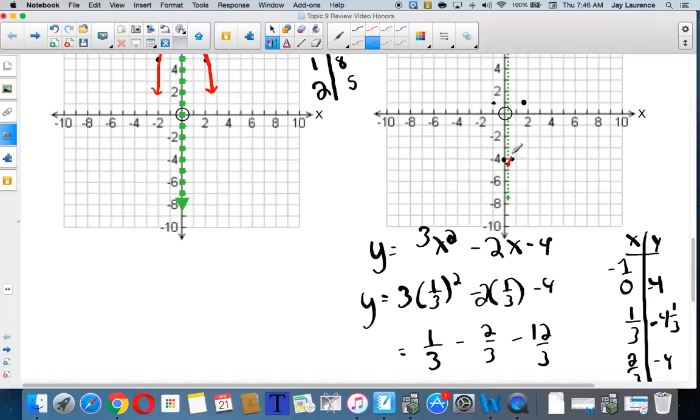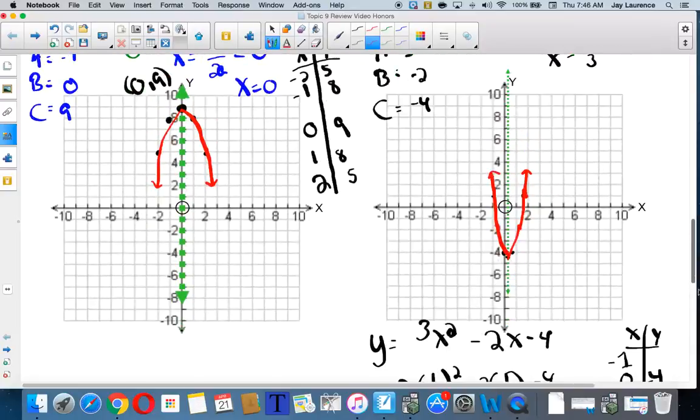By the way, I knew the first parabola that I did was going to open downward. And I knew that this one was going to open upward, because if A is less than 0, it'll open downward, and if A is greater than 0, it'll open upward.